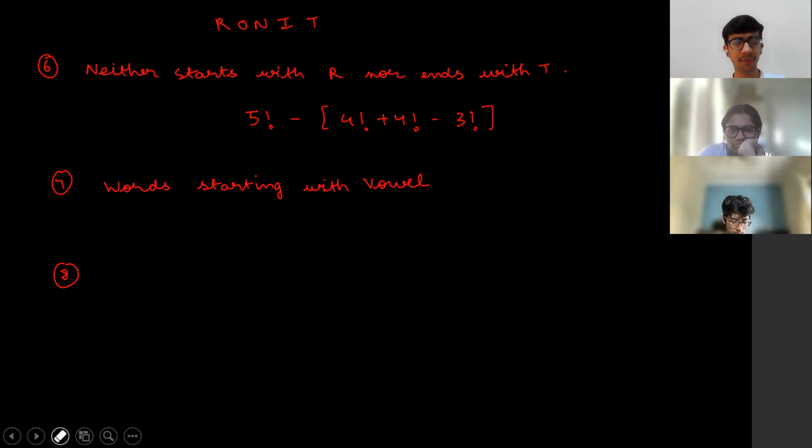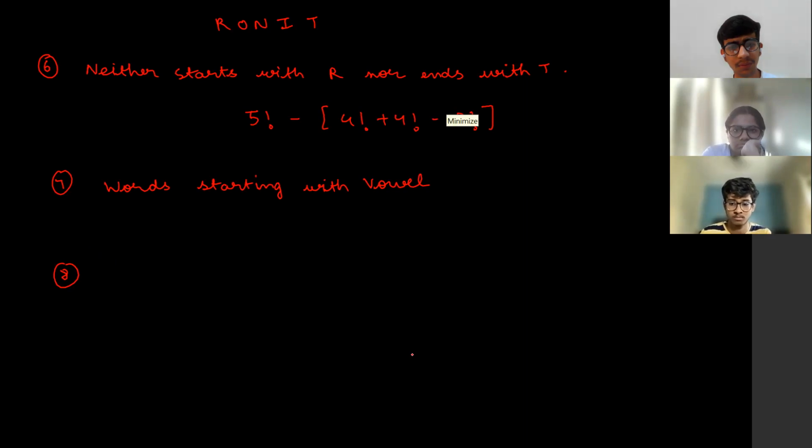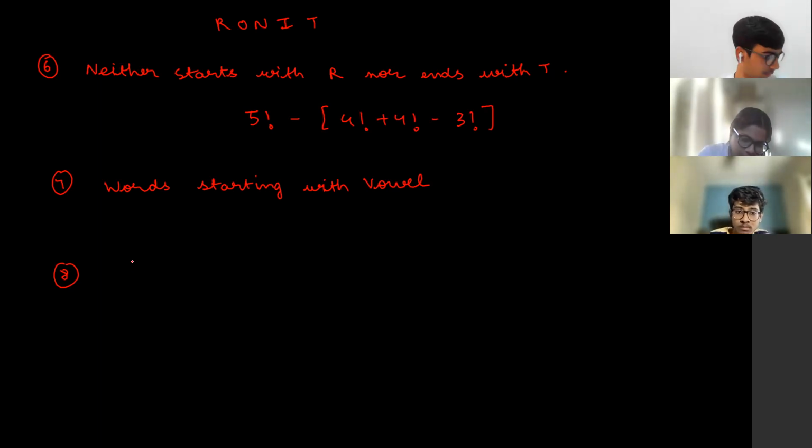Everyone answer for the seventh one in the chat only. Then we have. Sir, what was the word? Ronit, R-O-N-I-T. Arnav, it would be better if you answer in terms of factorial. Basically, your answer is correct. Yeah, so words having OI together.